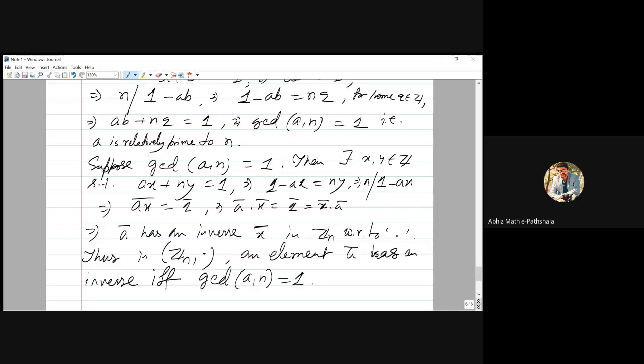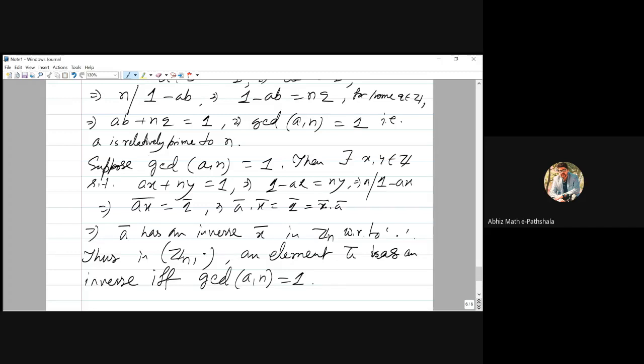So you have completely characterized the elements that have inverses in Zn dot. So these are some important elements Zn has.